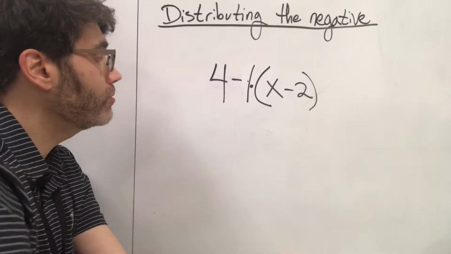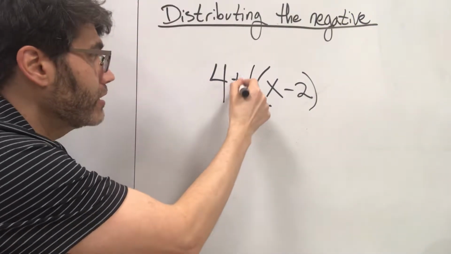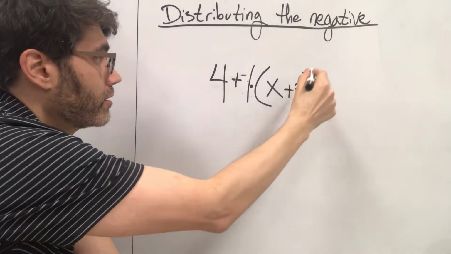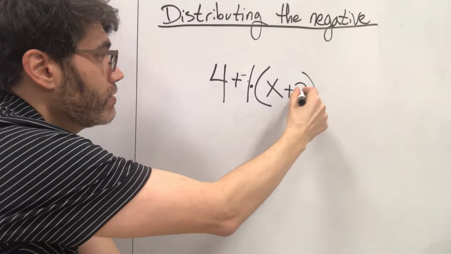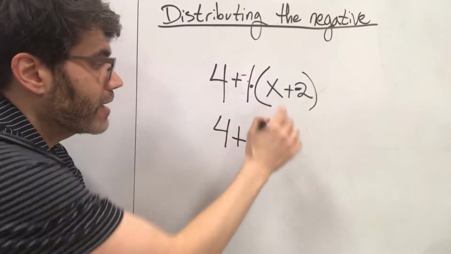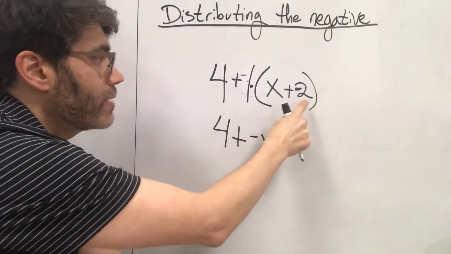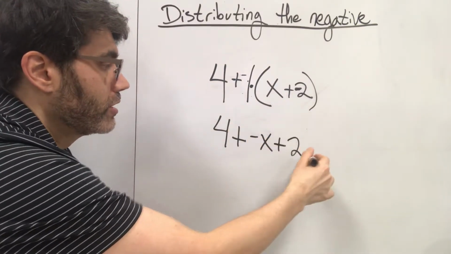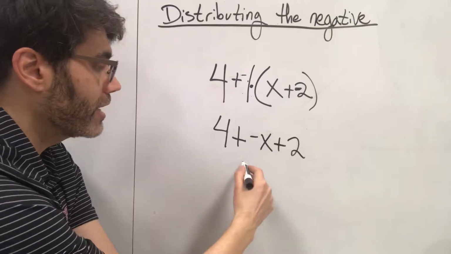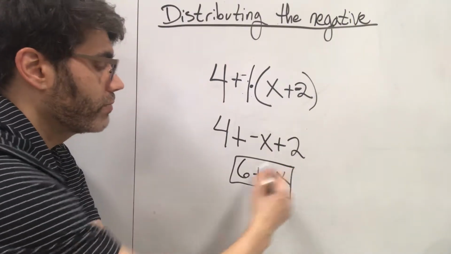So now, let's do what we've always done. Subtraction signs are plus negatives. So you've got 4 plus -1 times x is -x, plus -1 times -2 is a +2. Combine the 2 and the 4, which are the constants, plus -x. That's as far as you can go, okay?